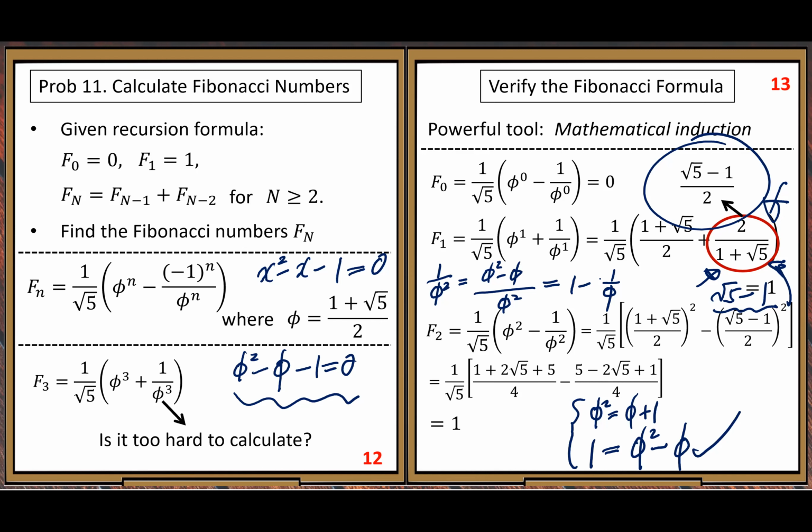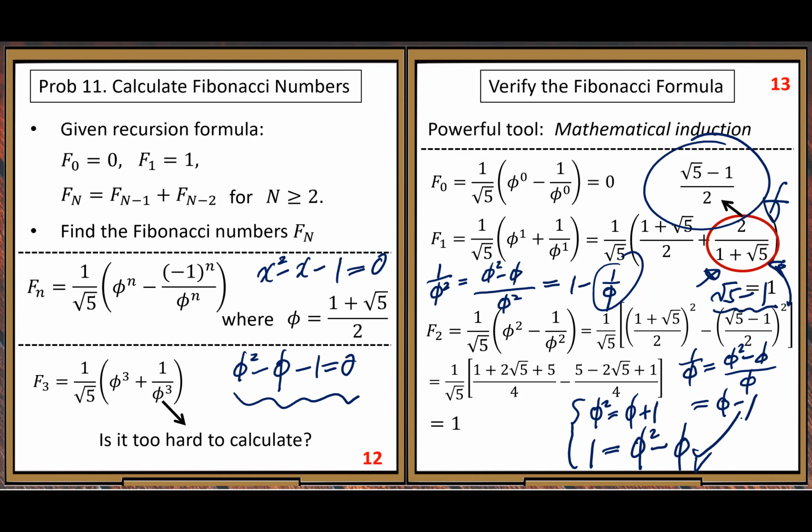Then, what is 1 over phi? Can we use this property another time? 1 over phi equals phi squared minus phi over phi. Can we write it as phi minus 1?